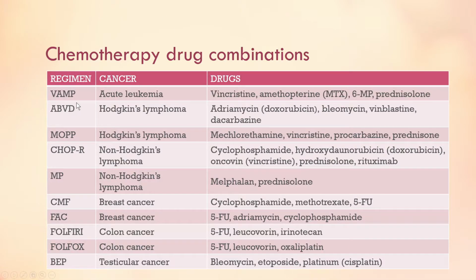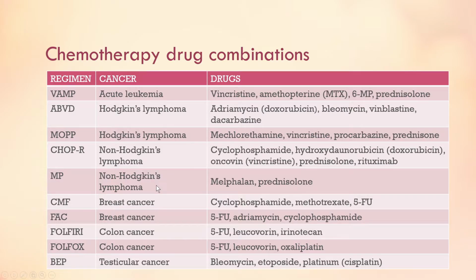Okay, VAMP: vincristine, amethopterin or methotrexate, 6-mercaptopurine, and prednisolone, used in acute leukemia. ABVD: adriamycin or doxorubicin, bleomycin, vinblastine, and dacarbazine, used in Hodgkin's lymphoma. MOPP: mechlorethamine, vincristine, procarbazine, prednisolone, used in Hodgkin's lymphoma. CHOP-R: cyclophosphamide, hydroxydaunorubicin, vincristine, prednisolone, and rituximab, used in non-Hodgkin's lymphoma.